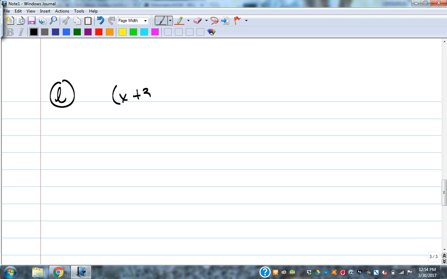So we have x plus 3 squared equals 36. Is the squared part by itself? Yeah. So what do we do then? Take the square root. On the side that has the number, it's plus or minus. What's the square root of 36? 6. So it's plus or minus 6.